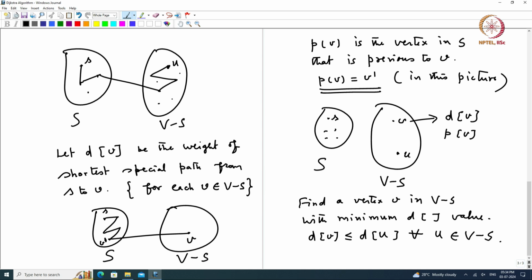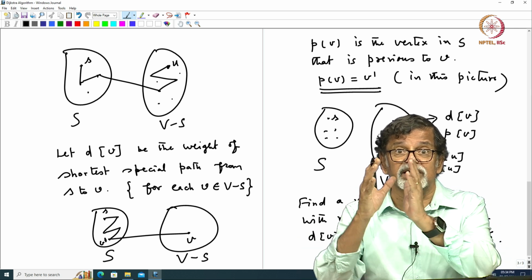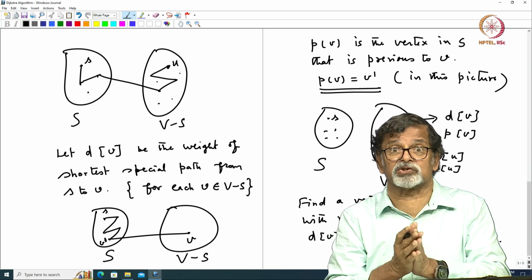Any vertex, its D value will be larger. This is just finding the minimum. The size of V minus S is at most n minus 1. In fact, V minus S will shrink. In every iteration, we are going to identify a vertex in V minus S for which the delta value is known.